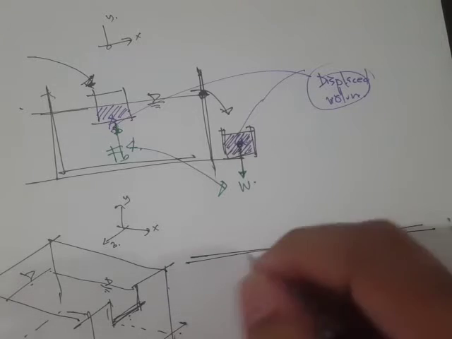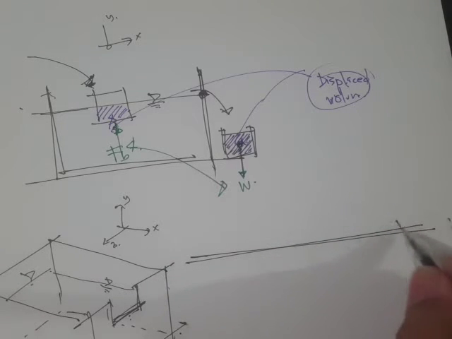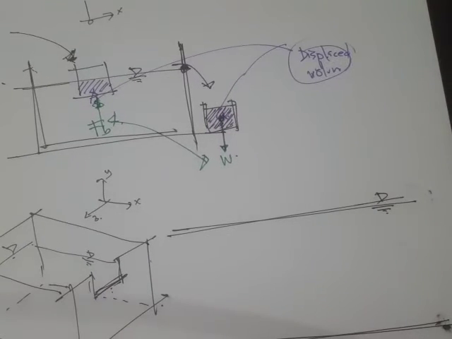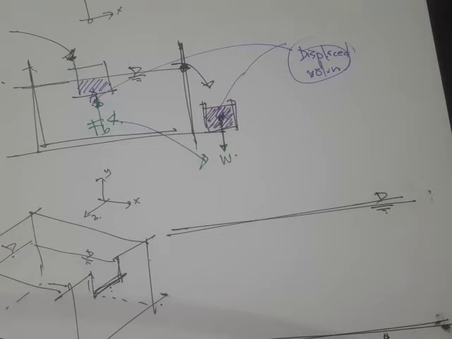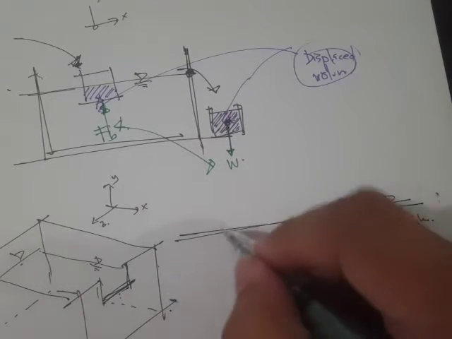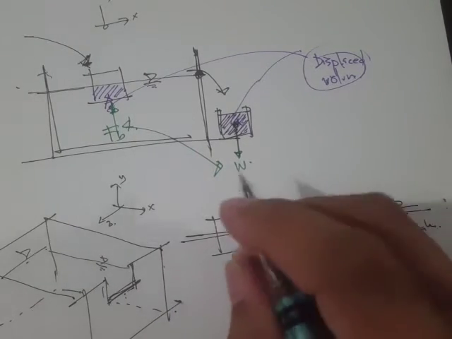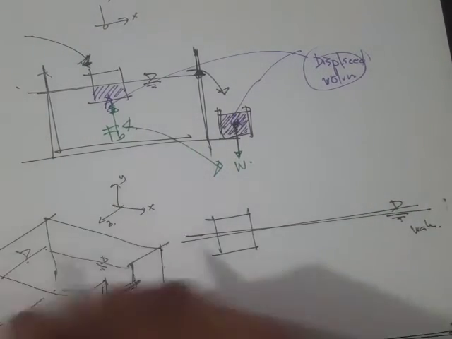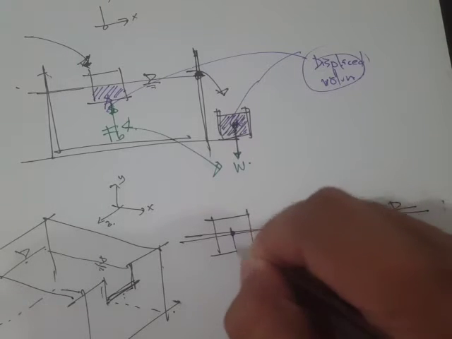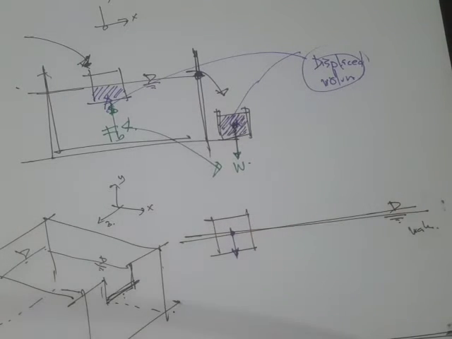Now let's try to illustrate. Let's say we have this free surface and the bottom surface, and this is a fluid or water. Now, this is our solid body, and our solid body has a weight that acts at the centroid.